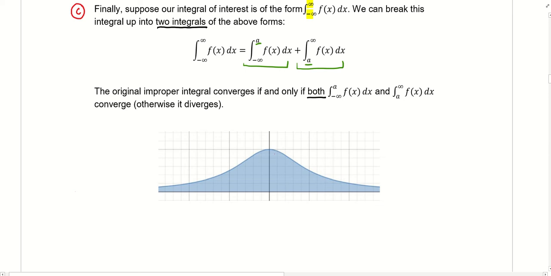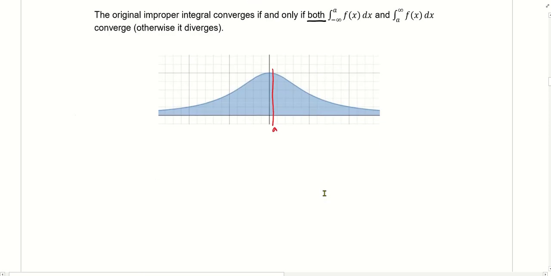And we use that essentially to break up this integral, or this region, into integrating from negative infinity to a, so going from negative infinity until this point, and a to positive infinity. And again, the reason this works is because this breaks our area up into two pieces.